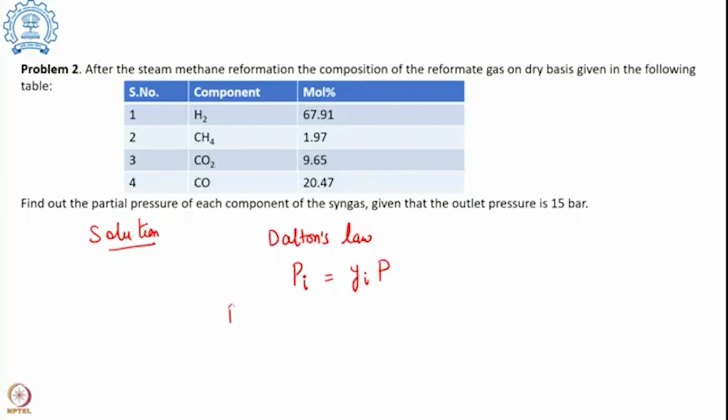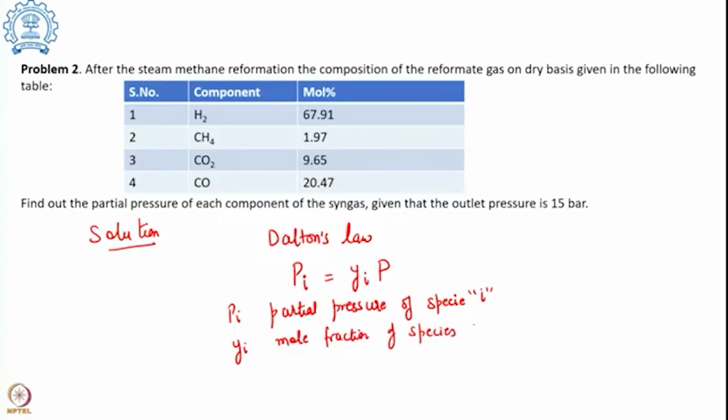So, Pi is the partial pressure of any species, say i, which is reacting, and the corresponding mole fraction of that species is represented by Yi. P is the total pressure which is given in the problem.